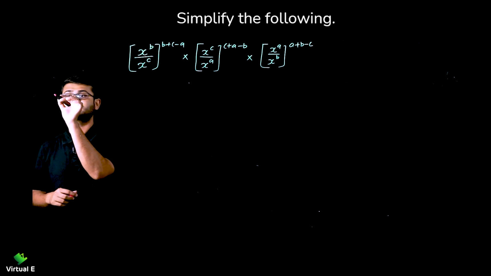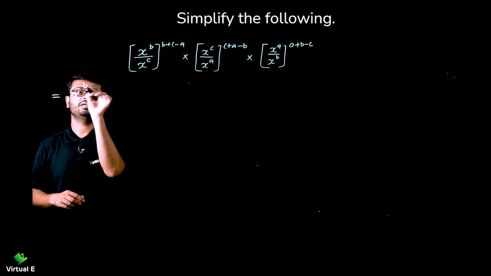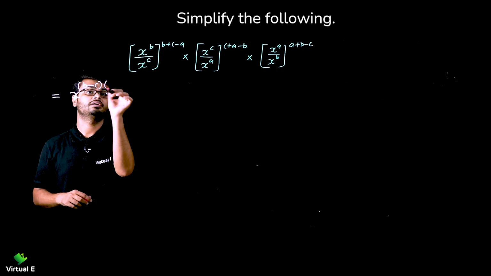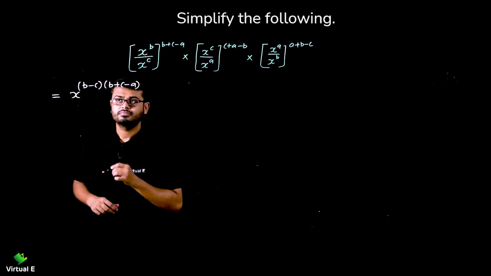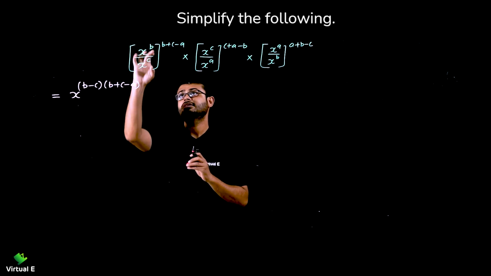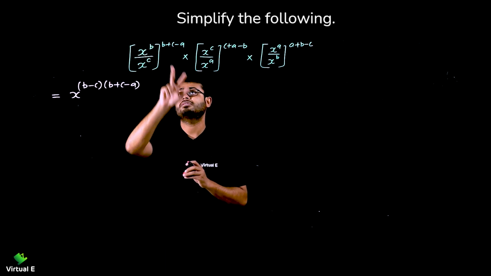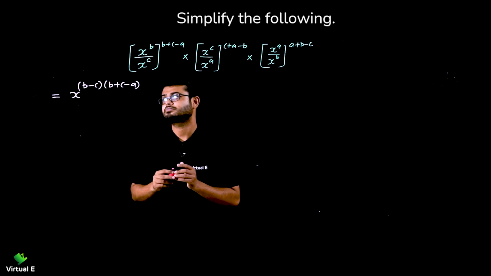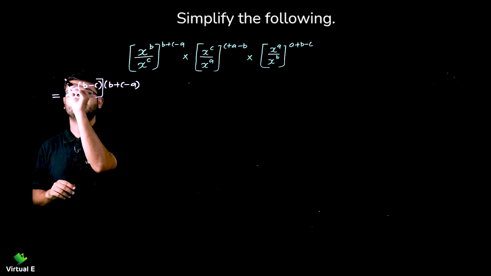Okay. So here let's start x raised to, we can write b minus c, and here b plus c minus a, right? I have directly written it that b minus c, it is over here, and when we are going to have 2 powers we are going to multiply them. Or if you are still confused, you can just make the bracket over here to avoid the confusion.